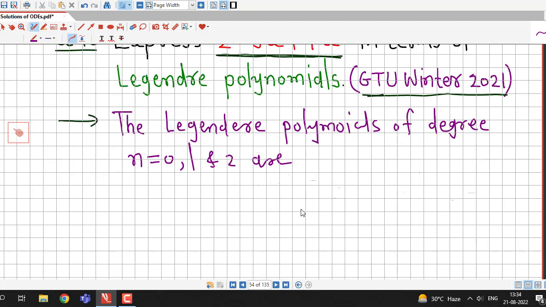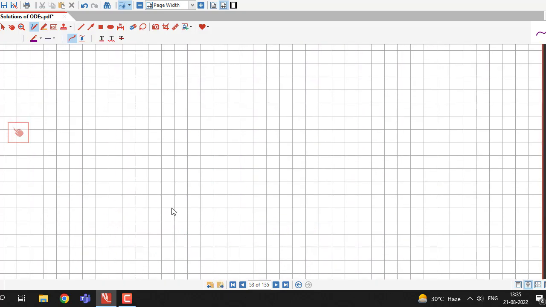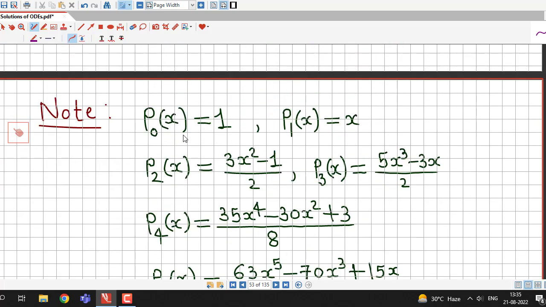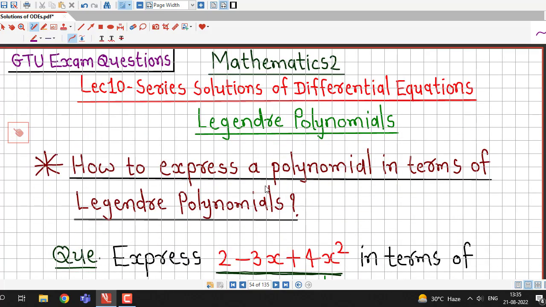Legendre polynomial of degree 0 is simply the constant polynomial 1. Legendre polynomial of degree 1 is also easy to remember, and Legendre polynomial of degree 2 is 3x square minus 1 divided by 2. P0(x) is 1, P1(x) is x, and P2(x) is 3x square minus 1 divided by 2. So it is not hard to remember these 3 polynomials.